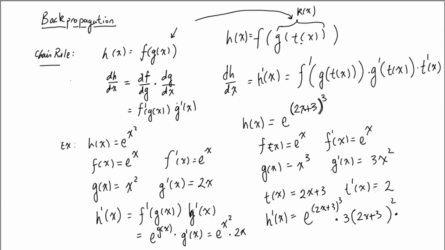Finally multiplied by t prime of x, which is just 2. So this would be 6 times (2x plus 3) to the power of 2, times e to the power of (2x plus 3) cubed.